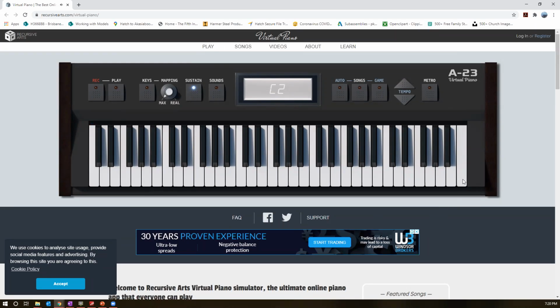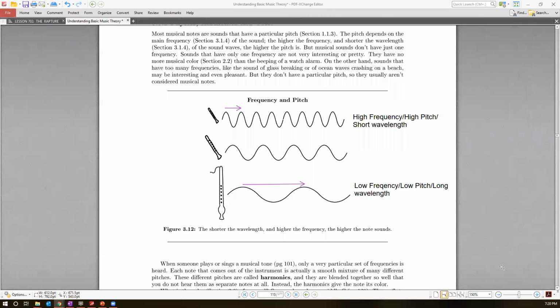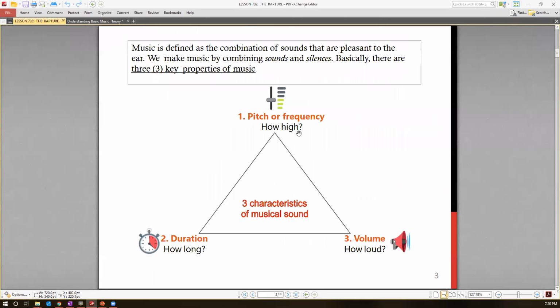But if the high pitch is here, it's much deeper, and this is a bit lighter and almost screamier. So this is a high pitch, a high frequency, and that's a low frequency. That's quickly one of the properties of music.